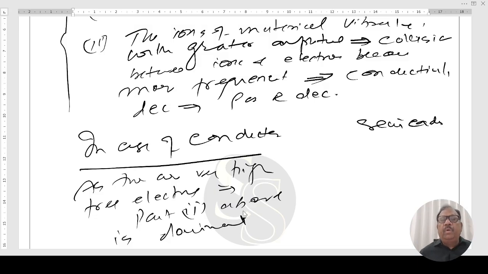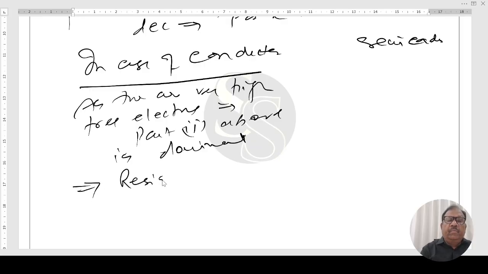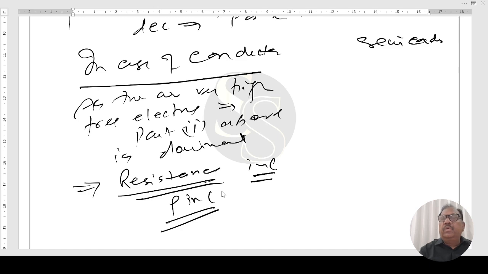Part 2 above is dominant. If it is dominant, then resistance increases with rise in temperature and resistivity increases with rise in temperature.